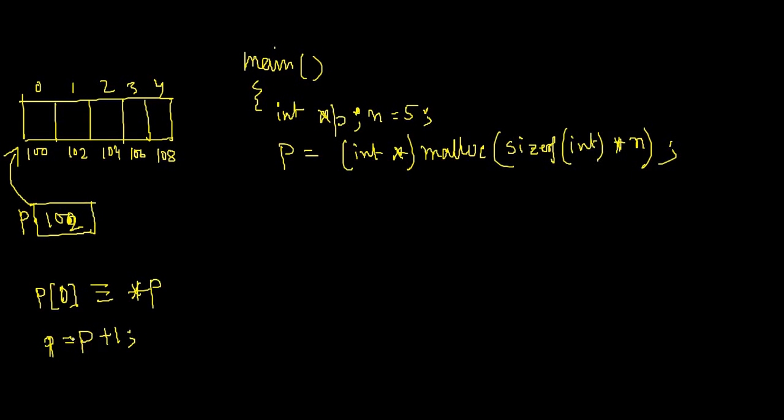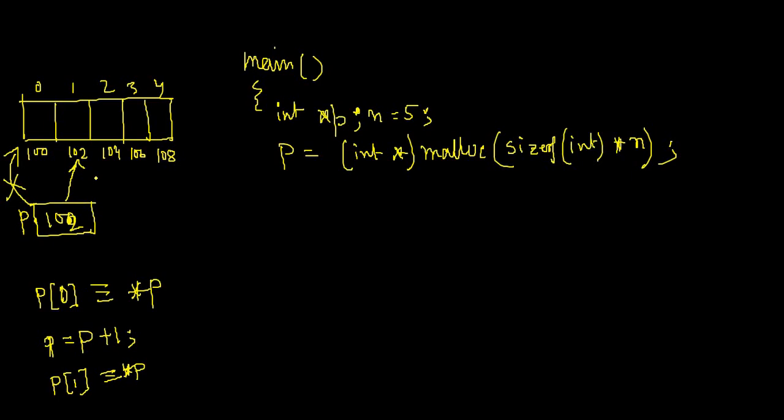Since P is an address, it will automatically increment to the next address, that is 102. After doing this, P of 0 is equivalent to pointer P again, because now P has incremented to 102. It is no more pointing to this location, rather it is pointing to this location. In this way, I can go through it.